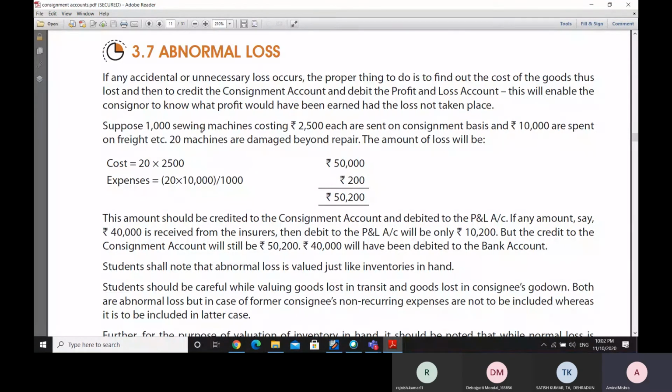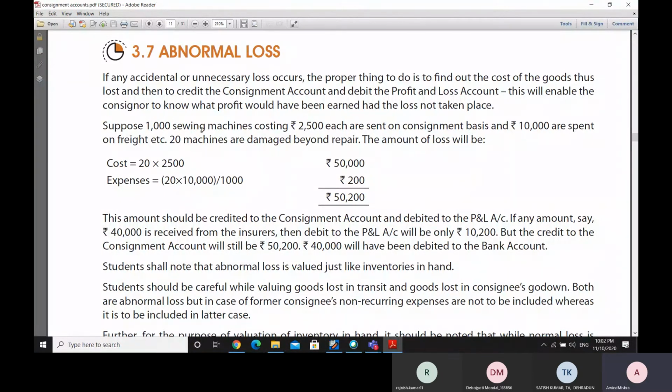So he knows that his consignment account is giving an abnormal figure of profit, because it is giving a lesser figure of the profit. So he wants to raise the figure appropriately so that he can know what profit he would have made in case this damage had not happened and this abnormal loss had not been incurred by him.